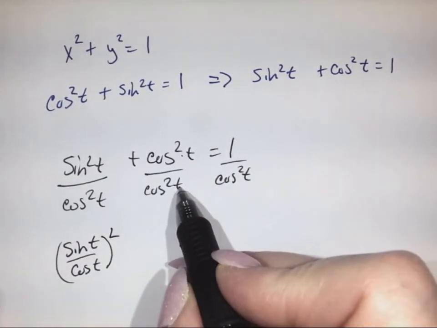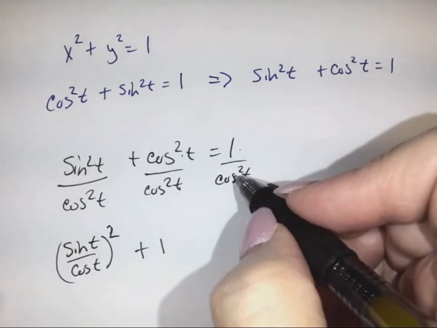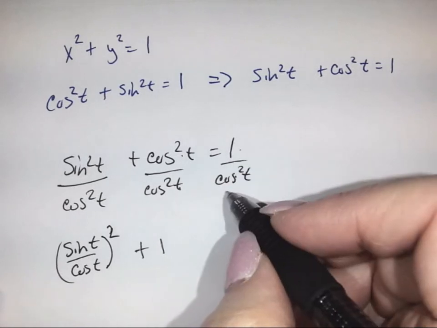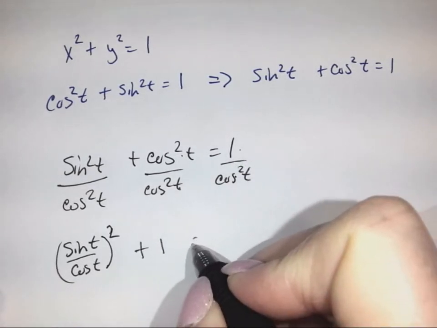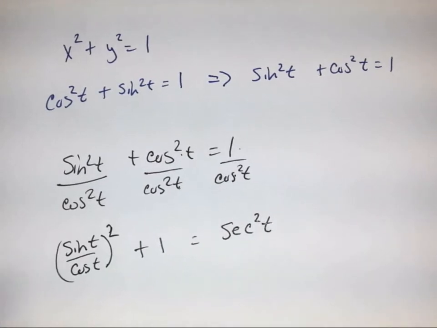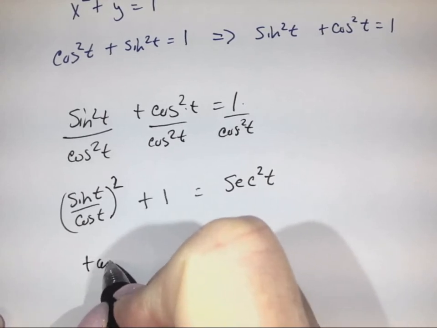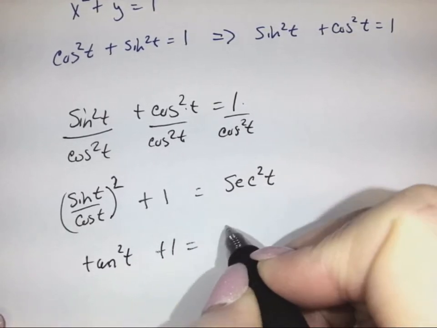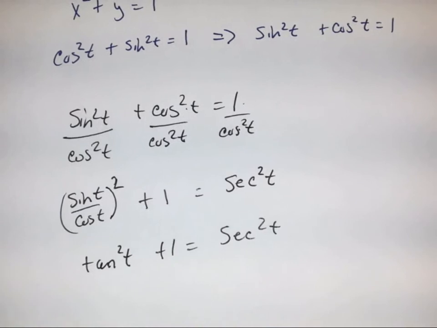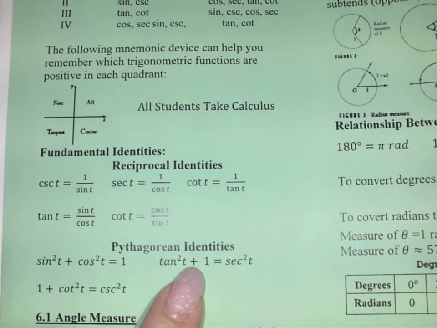Cosine squared over cosine squared is just equal to 1. And 1 over cosine squared is secant squared t. Sine over cosine we know to be tangent. So tangent squared t plus 1 is equal to secant squared t. That is our second identity.